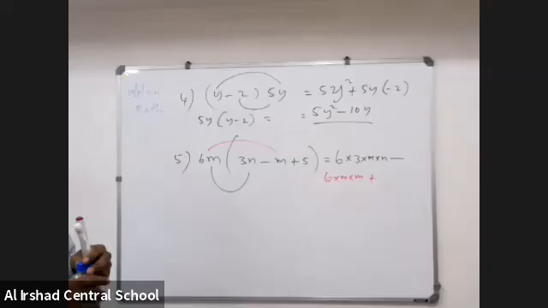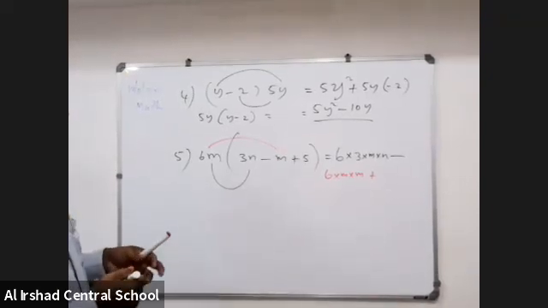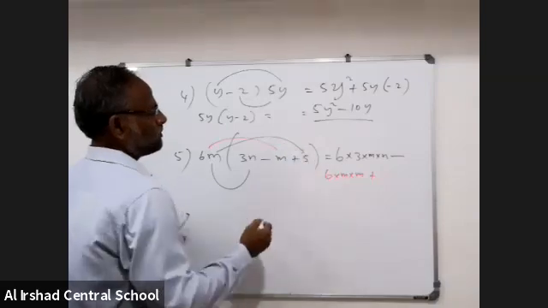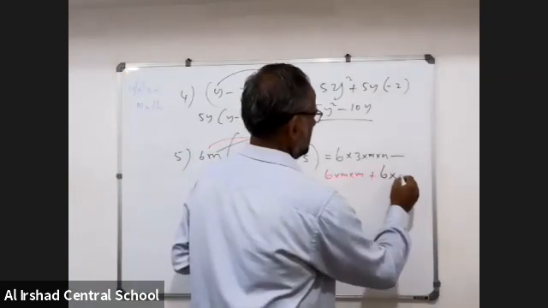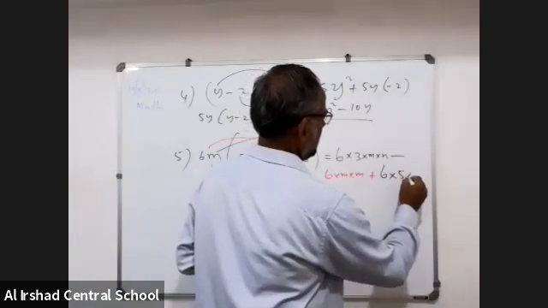The last term, baby. What is the last term? 6m into 5, 6 into 5 into m.